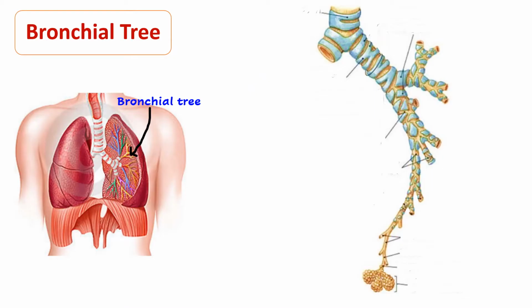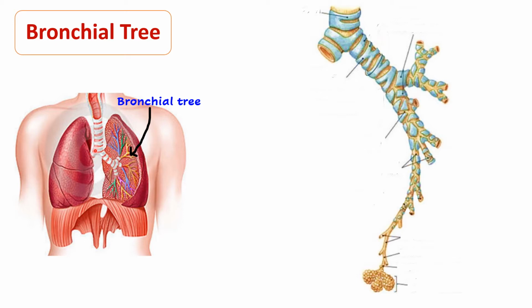Now, before I tell you about what exactly is bronchopulmonary segment, let's briefly look at the bronchial tree. The bronchial tree, which you can see here and in higher magnification you can see here also, is responsible for aeration of lungs. So here in this picture we can see this is right lung, this is left lung, this is the trachea which is going to bring air, and trachea can be seen here dividing into two bronchi.